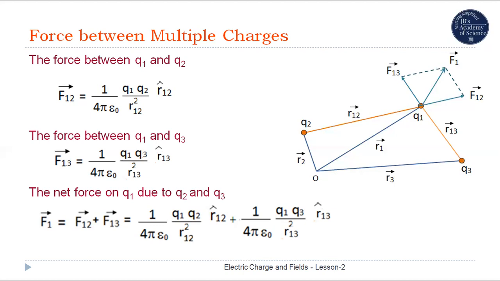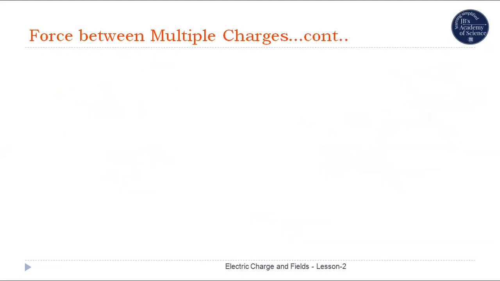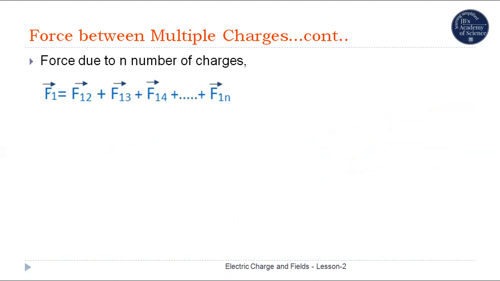Now this is the case of three charges. When you consider a system of three charges, force on any one charge due to the other two charges. Now let us consider n number of charges. If there are n number of charges, the net force F1 is equal to F12 plus F13 plus F14 plus etc. up to F1n. This is the net force on Q1 due to the other n charges.